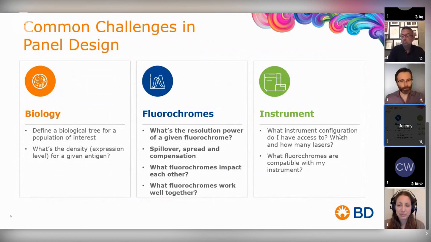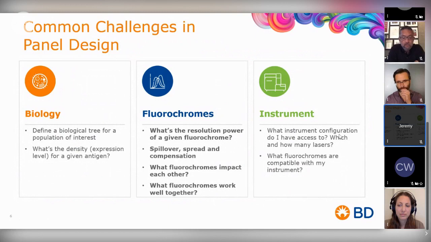And that's why we decided to continue our commitment to you to provide information and tools to understand the intricacy of panel design. And rather than do this again with just one perspective coming from BD, we really decided to bring in world-renowned experts that can bring their perspective and address more generally all the aspects of panel design and address most of the questions that you have sent to us.